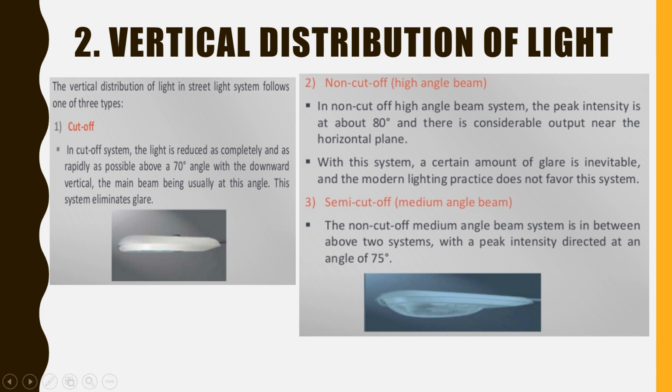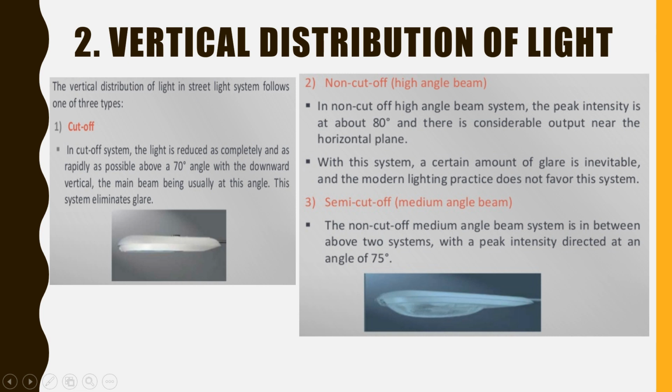Second, non-cutoff, it is about 80-degree, and there is considerable output near the horizontal plane. The area of illumination is more here. Peak intensity is about 80-degree. With this system a certain amount of glare is inevitable. We can't completely remove the glare 100%, but we can reduce glare by this system, and modern lighting practice does not favor this system.